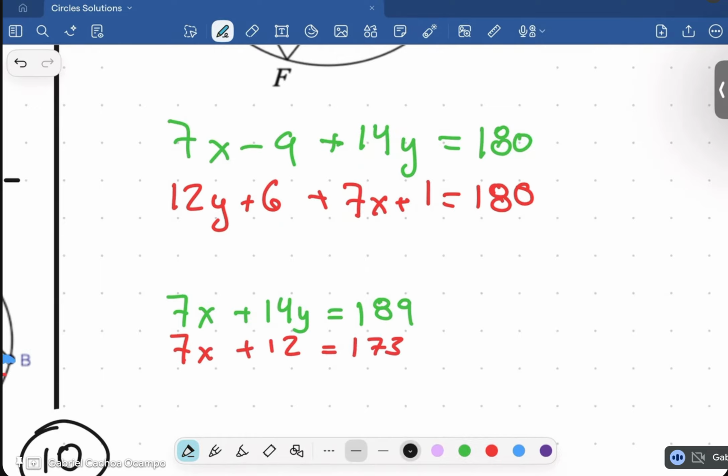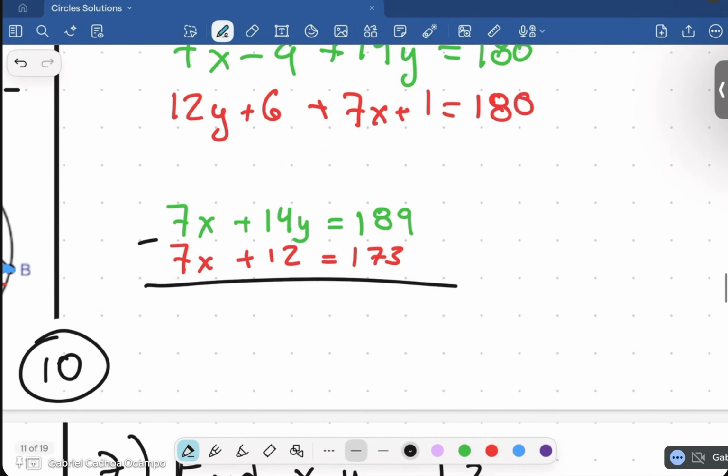So if I subtract the equations, I can do, the sum and difference is the method to cancel out this. I would have 2y equals to 16, o sea, y equals 8.